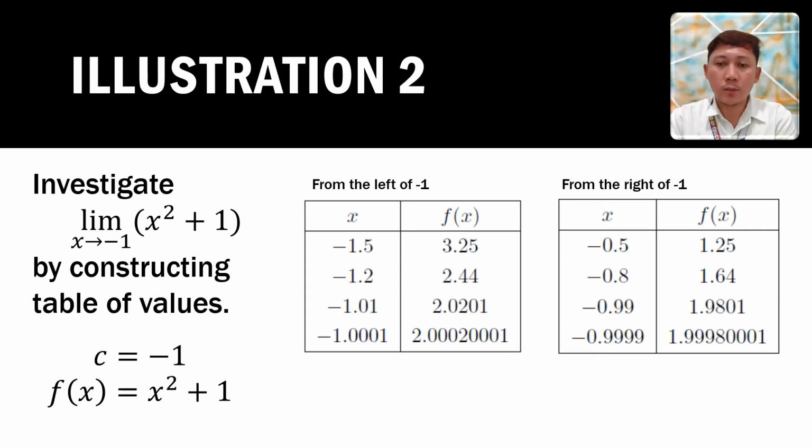And from the right of negative 1, we have negative 0.5 to negative 0.9999, and the values of our function approach 1.99999. If we continue as close as possible to negative 1, the value of our function is 2. Therefore, the limit of the quantity x squared plus 1 as x approaches negative 1 is equal to 2.